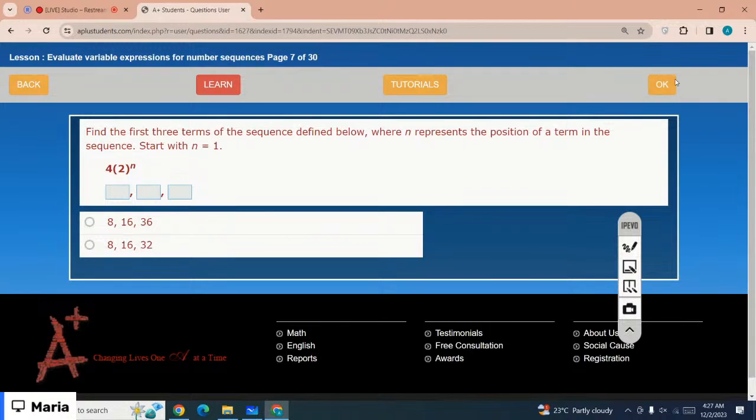Okay, the next one is find the first three terms of the sequence defined below where n represents the position of a term in the sequence. Start with n equals 1. So, which is the correct option?